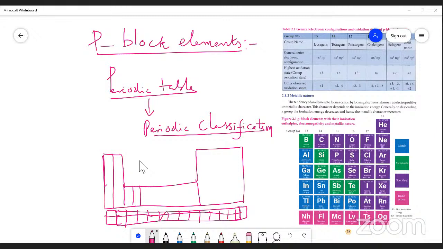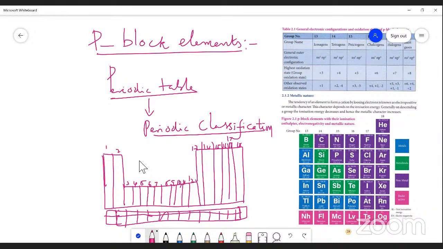Counting from 1, 2, 3, 4, 5, 6, 7, 8, 9, 10, 11, 12, then 13, 14, 15, 16, 17, then 18. This is the 17 group elements, 16 group elements, 18.